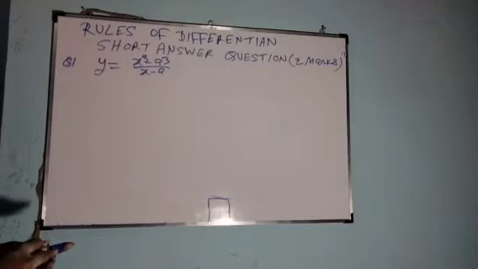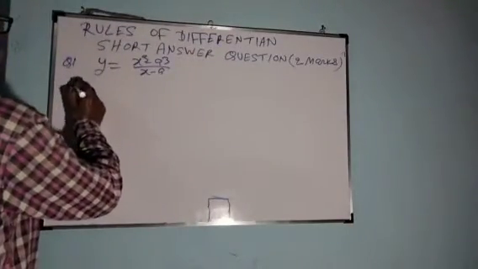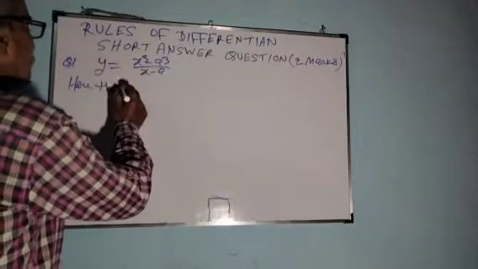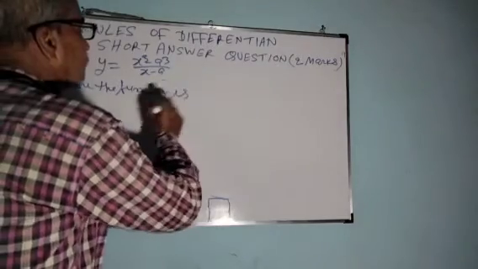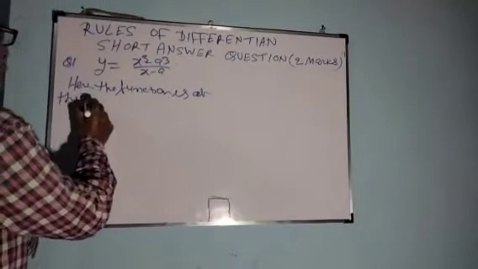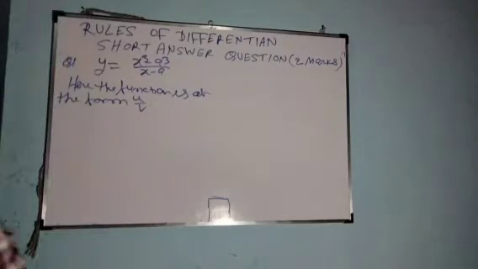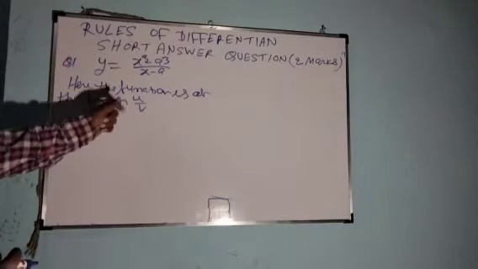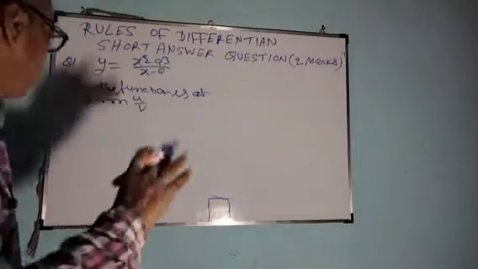So we will use the formula here for obtaining the DC of the quotient of two functions. Let us see.